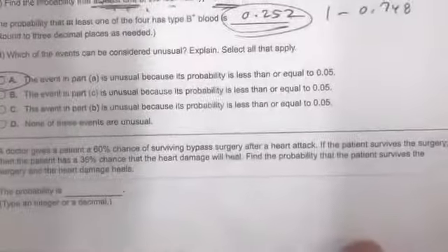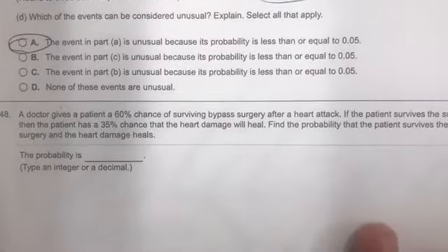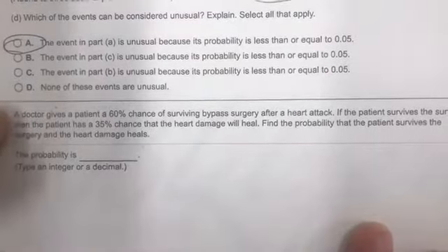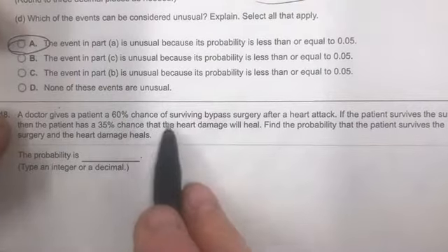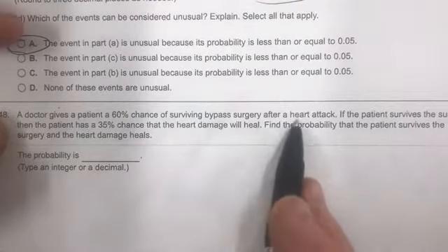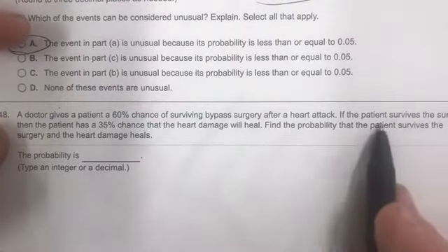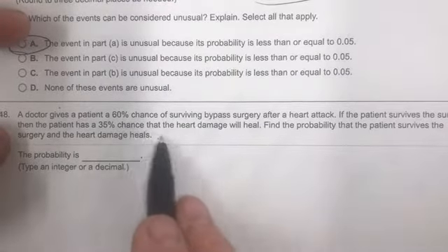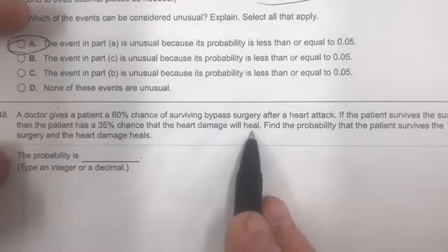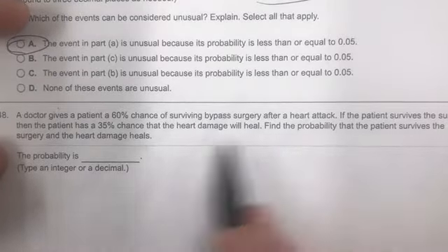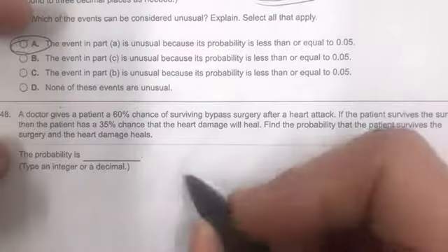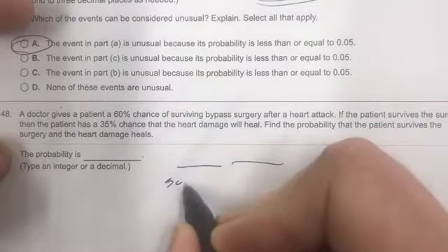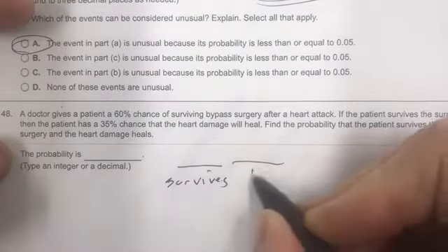All right, last question, number 48. Okay, a doctor gives a patient a 60% chance of surviving bypass surgery after a heart attack. If the patient survives this surgery, then the patient has a 35% chance that the heart damage will heal. Find the probability that a patient survives this surgery and the heart damage heals. So survives and heals.